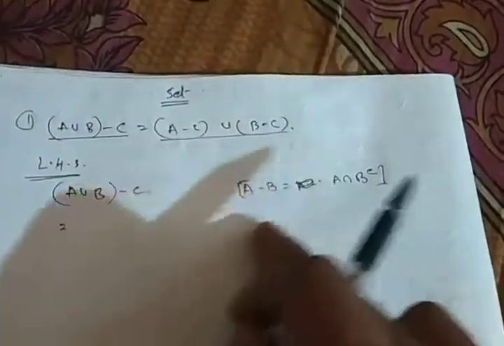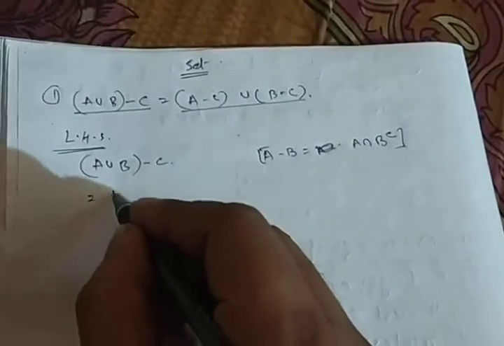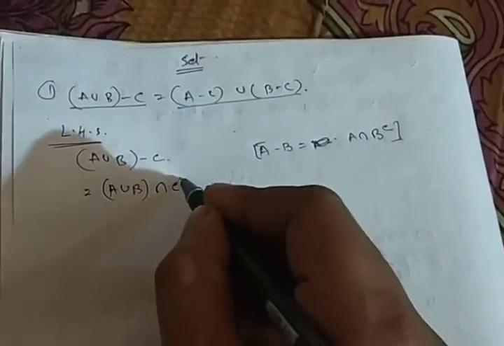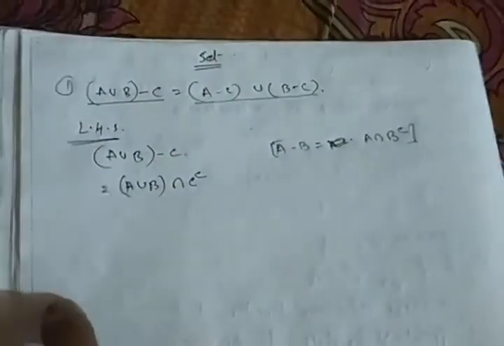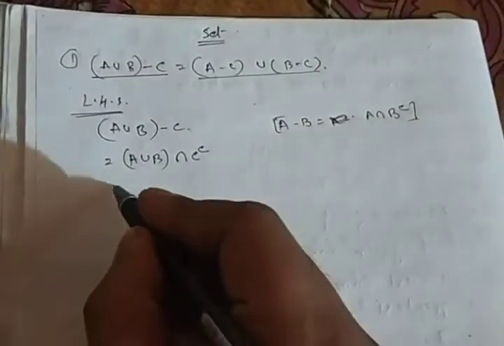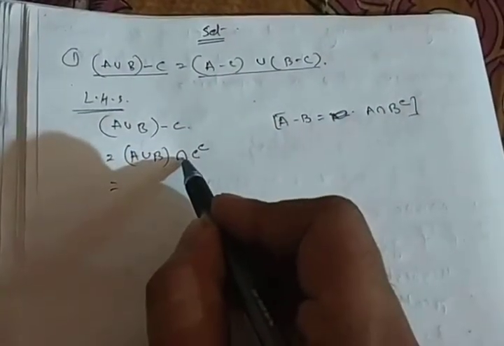If we apply this law, we get (A union B) intersection C complement, right? Here this is union, this is intersection.